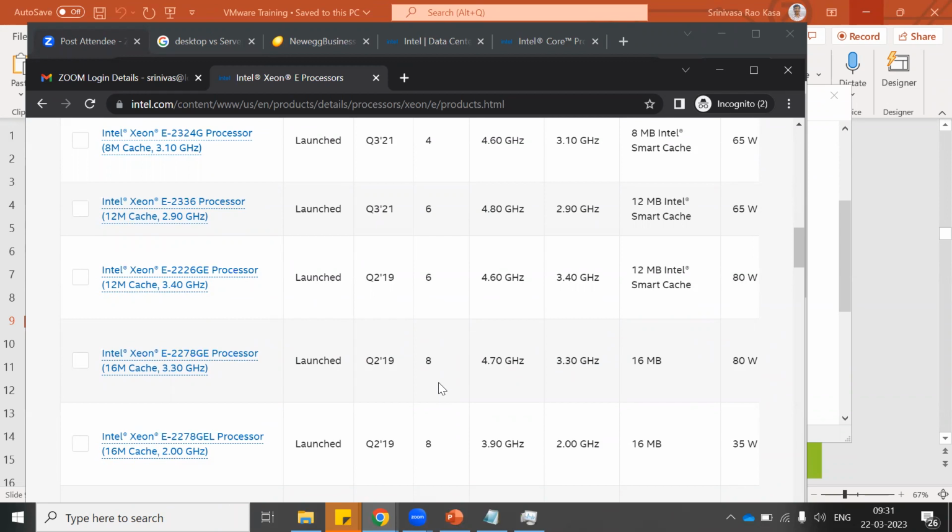What is the specification? Yes, please. What is the speed there? A bit louder, please.